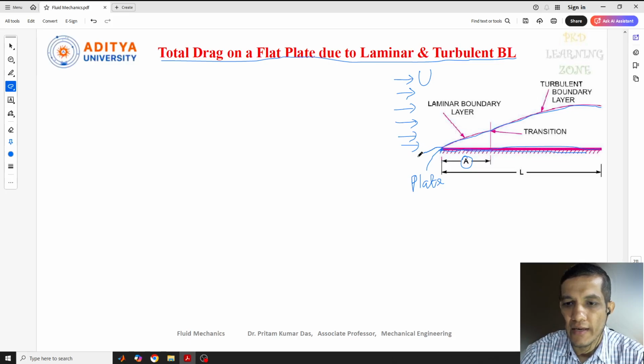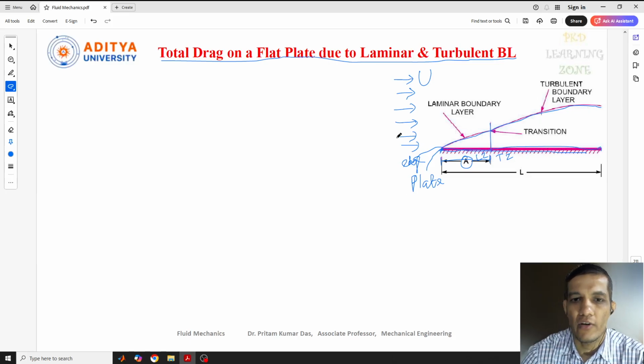So this is the plate and this is the leading edge, and the plate is fixed with a length of L. This is the transition period, and up to this length the laminar boundary layer exists, or we can say this is the laminar zone, and after that the transition zone, then the turbulent zone will start. These things we have already discussed.